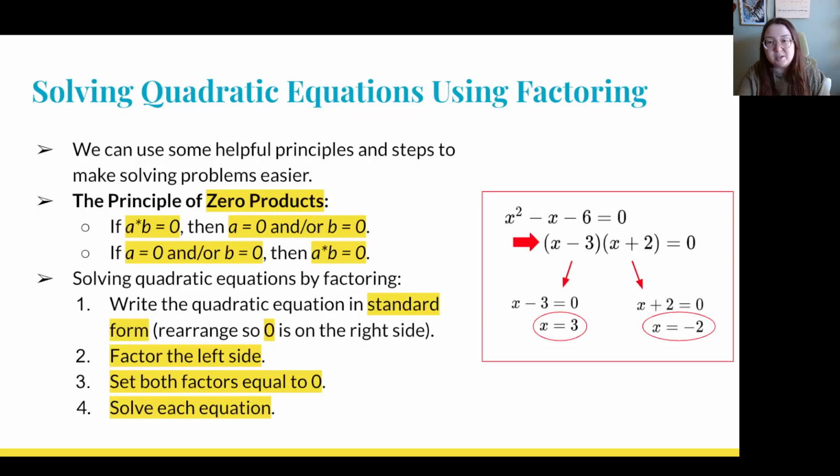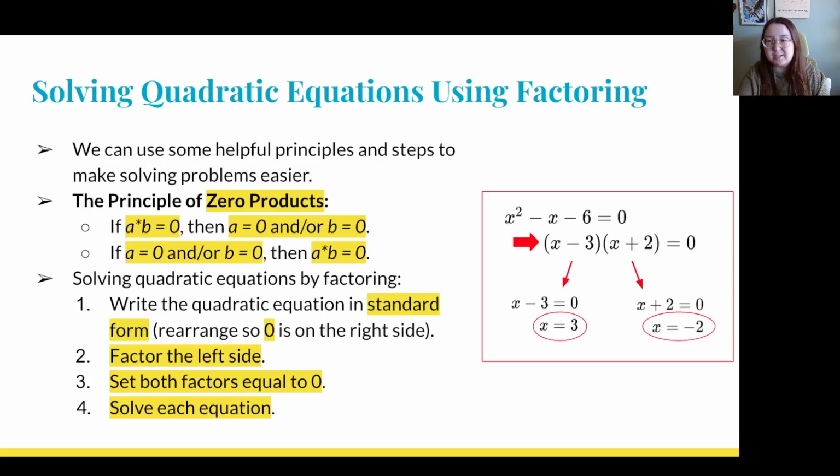If a equals 0 and/or b equals 0, then it's guaranteed that a times b will equal 0. So when we want to solve a quadratic equation by factoring, we would factor our trinomial and then set each factor equal to 0 to solve for x.